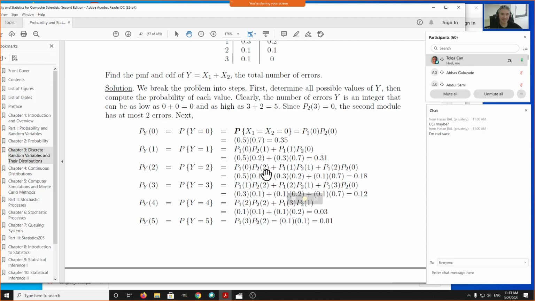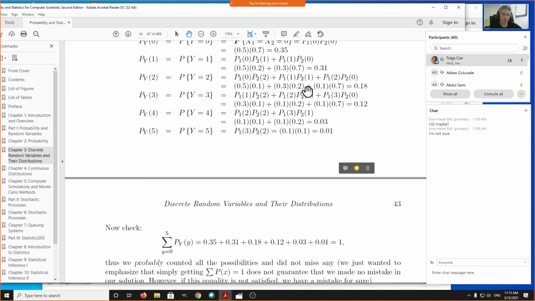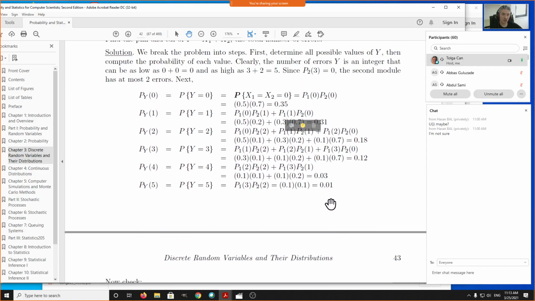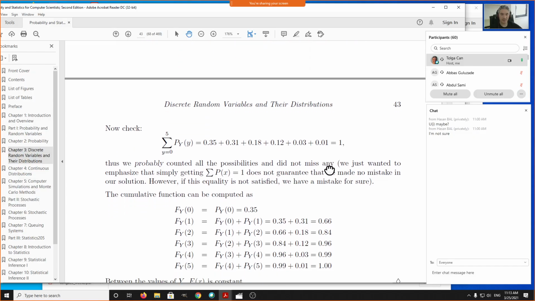For 0.42, we have 3 cases. We need to add up these 3 cases. After we find all these probabilities, we can check that it's indeed a probability mass function by adding up all the values we have computed here. If they all add up to 1, that's one of the checks that are needed.